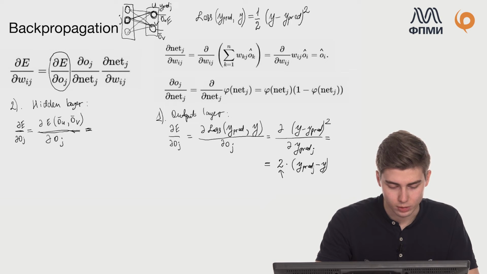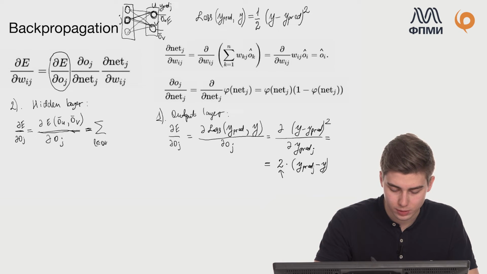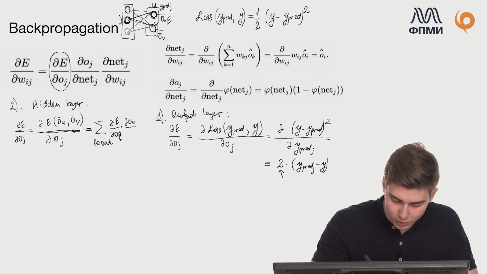And now we can continue to uncover this, keeping in mind that all the neurons in the output layer are not connected with each other. And we will get the derivative of O_l with respect to net_l, and net_l with respect to O_j.